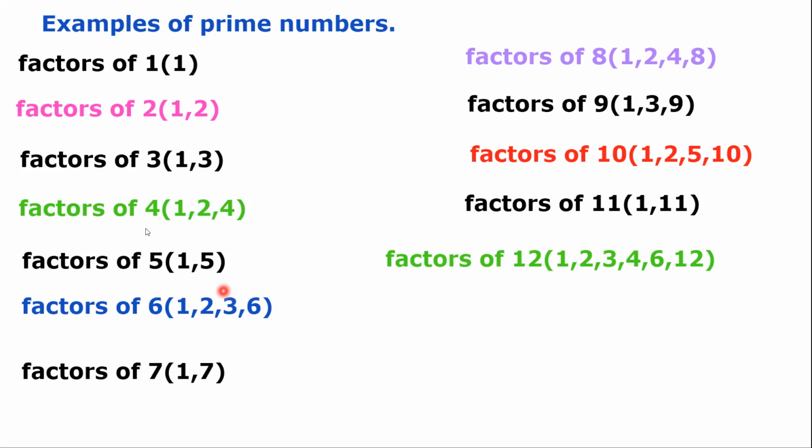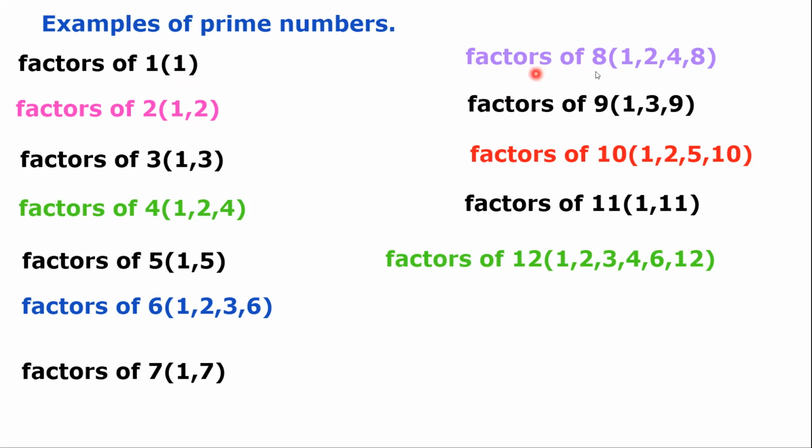Numbers with exactly two factors are prime numbers, and numbers with more than two factors are composite numbers. But 1 is not a prime number, and 1 is not a composite number, because it has only one factor. Now the factors of 8.